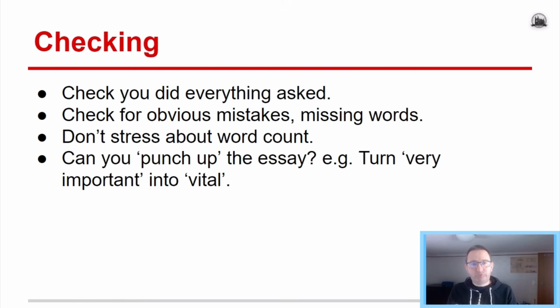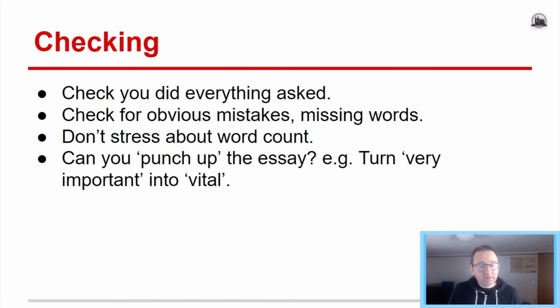All right, after you've finished writing it, you should check what you have written. Check everything. Check that you did the tasks. The task was: write about two of the points, give your reasons, and say which one is the most important. Did you do that? Yes. Did you do that? Yes. Did you do that? Yes. Really check that, because those are the easiest points in this part of the exam.